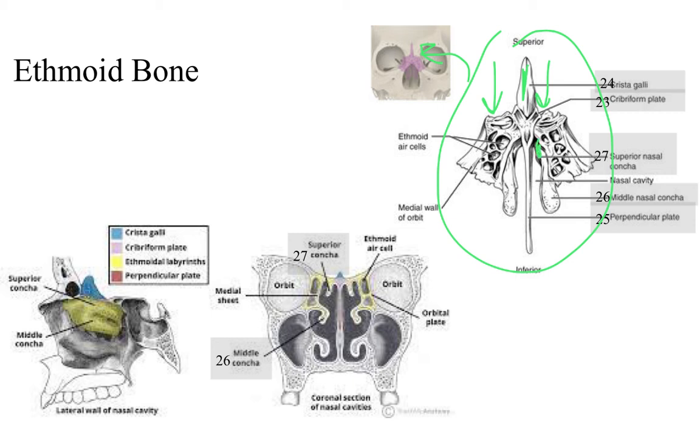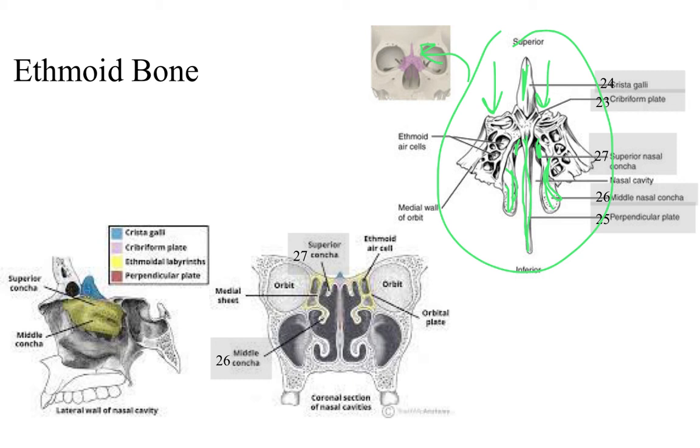You have the superior nasal concha on either side, and you have the middle nasal concha on either side. We'll talk more about the nasal concha when we get to the nasal cavity later on. And then right down the middle, you have this thing called the perpendicular plate, which makes up part of the septum of your nose. That divides it into left and right halves.